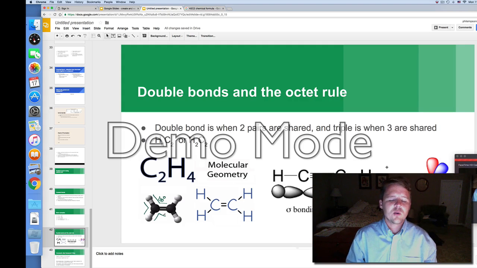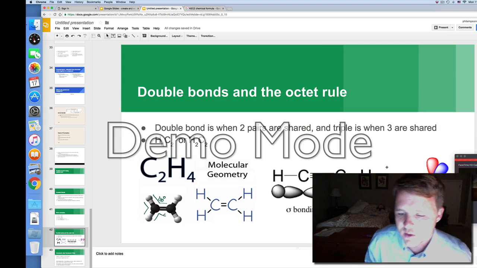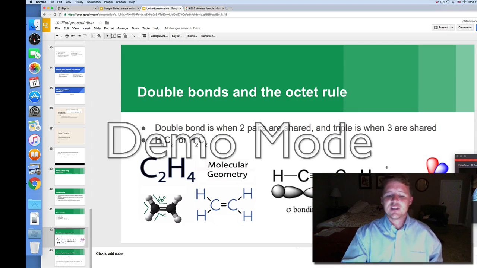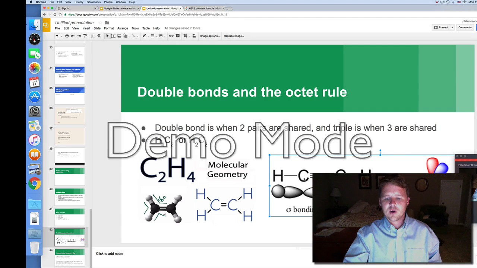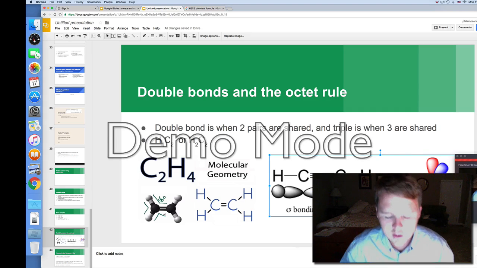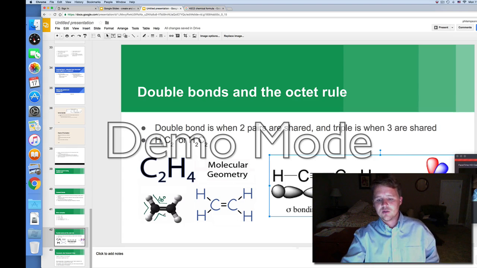I probably won't make you deduce this on a test, but I will want you to be able to see if this makes sense or not. You're going to have to use the octet rule, and relate this to H2C2. Now if I show you this formula right here, and I say, what's its molecular formula? I'd like you to say H2C2.